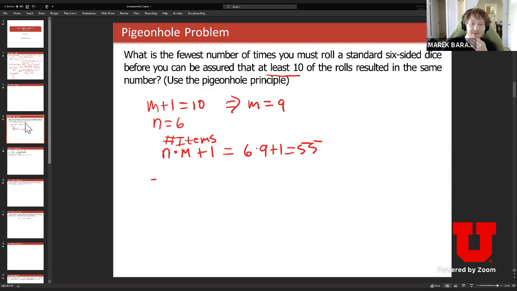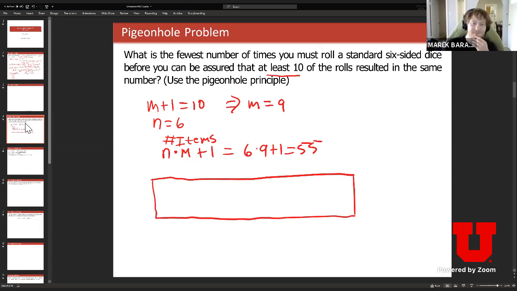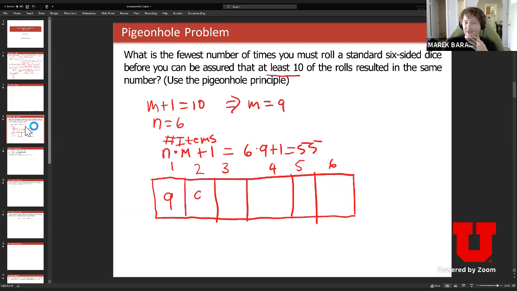And there's another way you can think about this. We can count them in boxes. It's a really weird way to count. So we can count them in boxes like this. In the worst case, we can put 9 here, 9 here, put 9 in each of them.